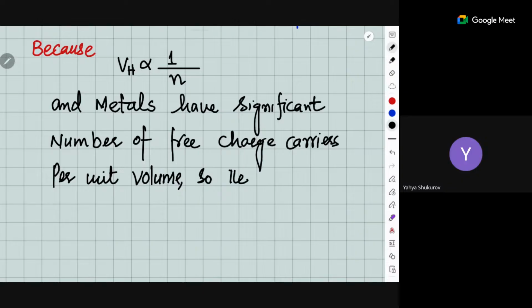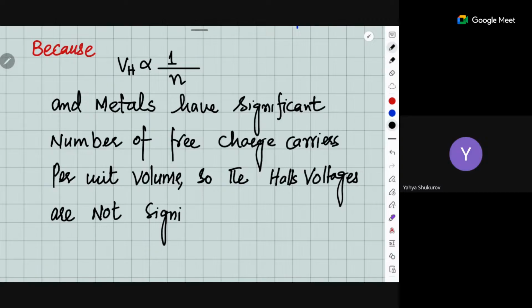So the Hall's voltage is not significant. Is it clear to everyone?